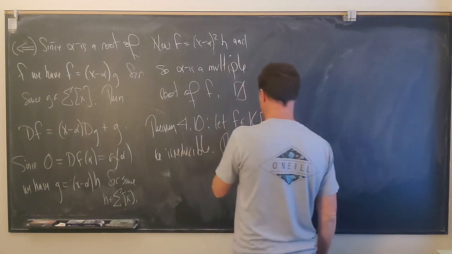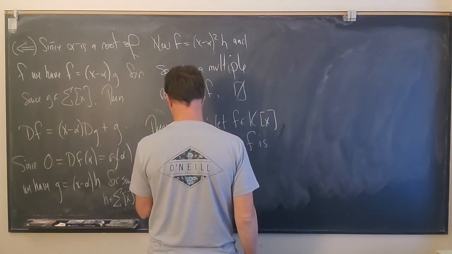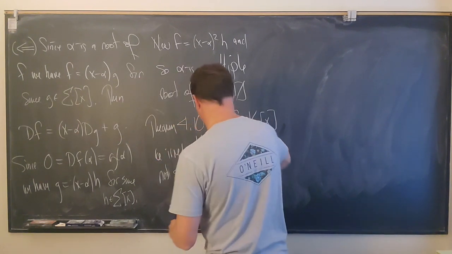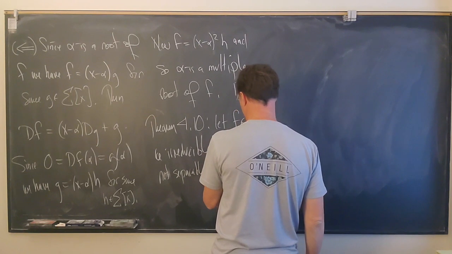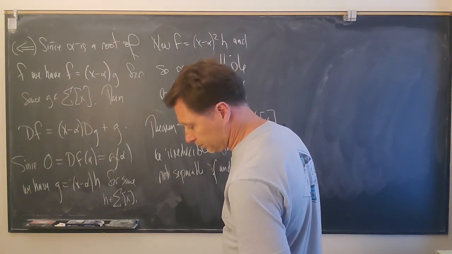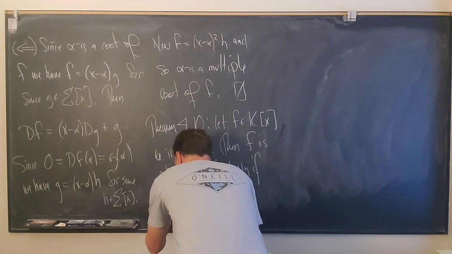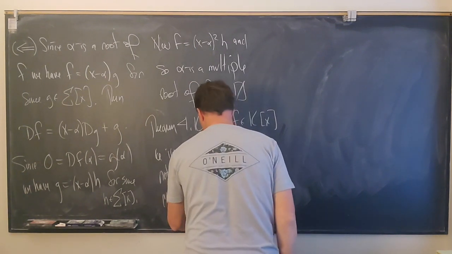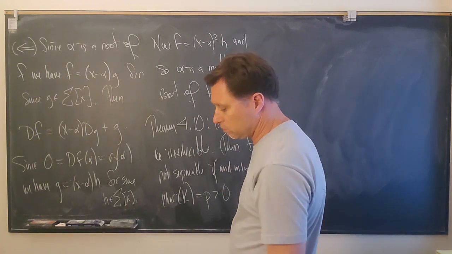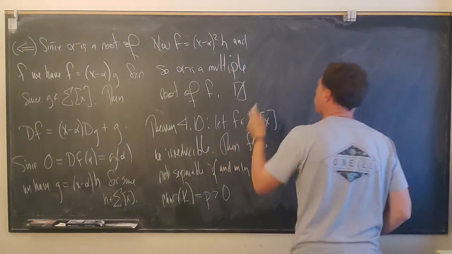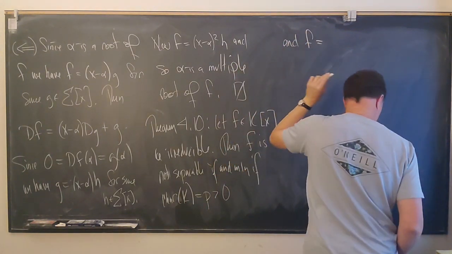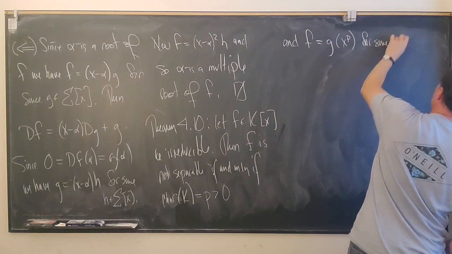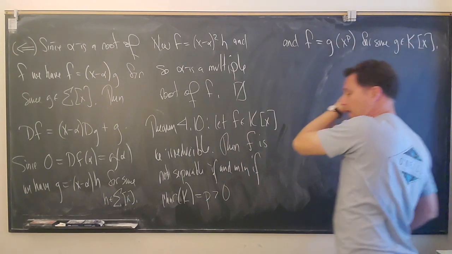Then f is not separable if and only if the characteristic is equal to p, some prime p greater than 0, and f is equal to g(X) raised to the p for some g in K[X].